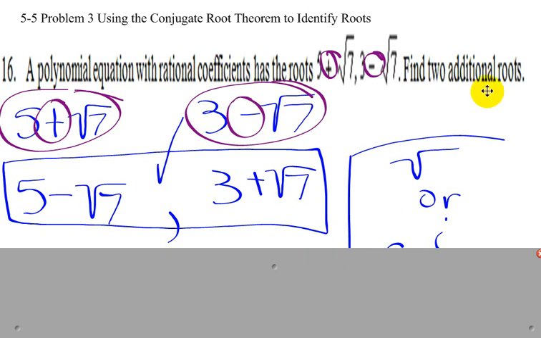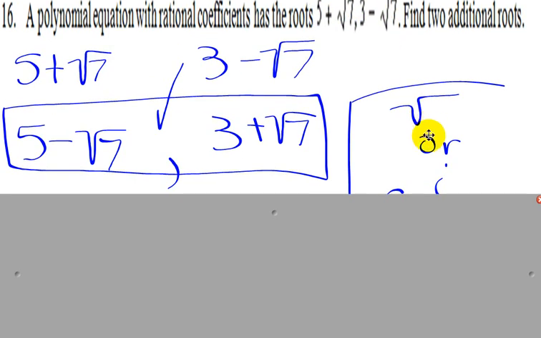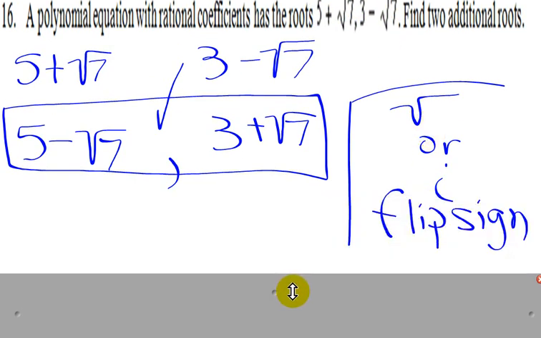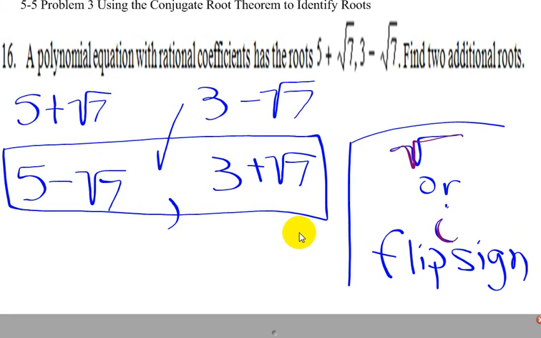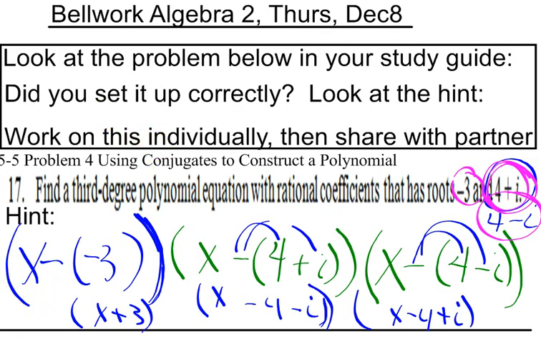And that's your answer. So you always flip the sign in front of a radical or an i term. That's how you do those.